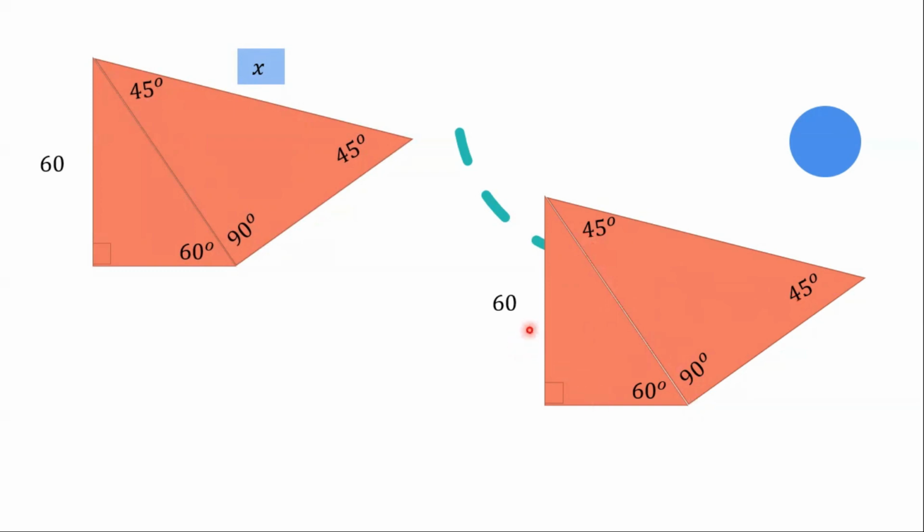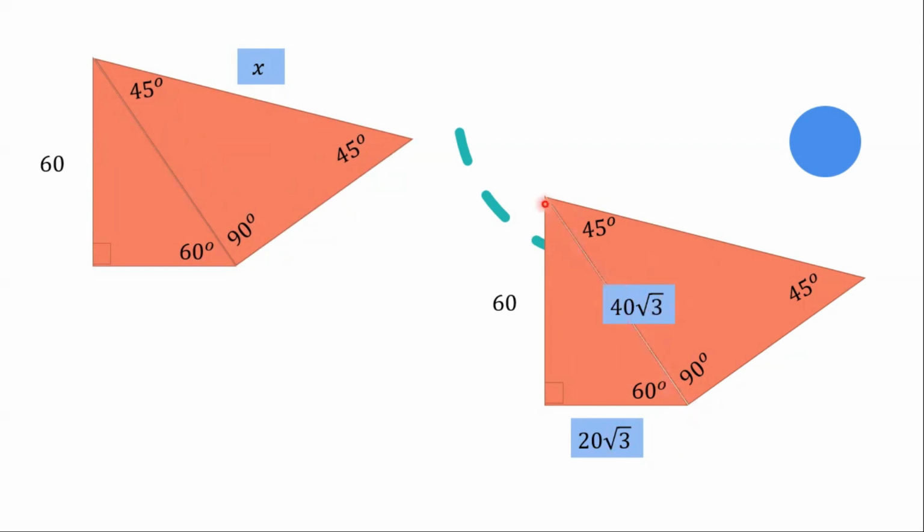We are given 60, which is the side opposite the 60-degree angle but adjacent to the 30. So we divide this by square root of 3. Dividing by square root of 3 and simplifying, we get 20 square root of 3. To get the hypotenuse, since this is the side opposite the 30-degree angle, we multiply it by 2. So now it becomes 40 square root of 3. This is the length of this side.